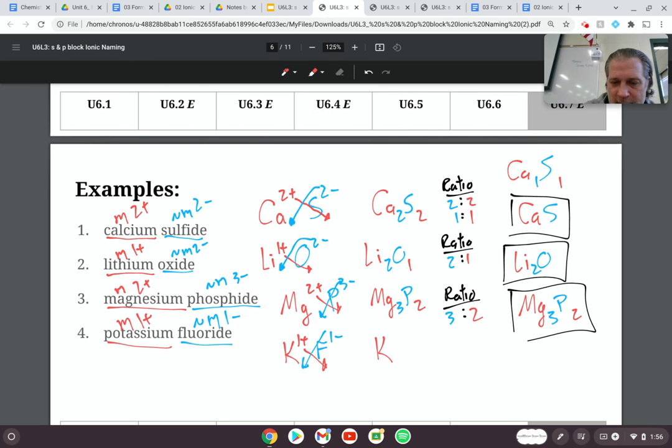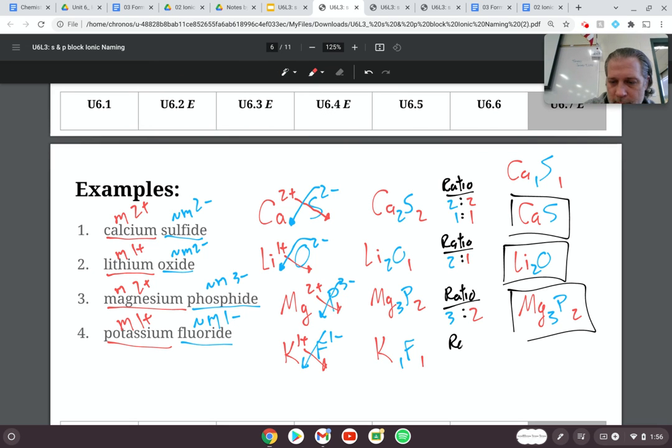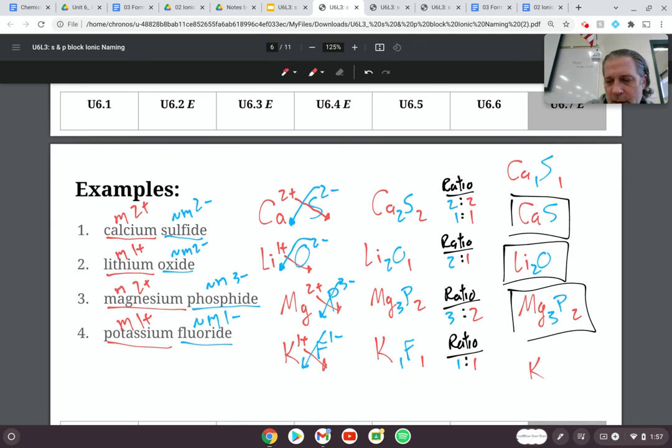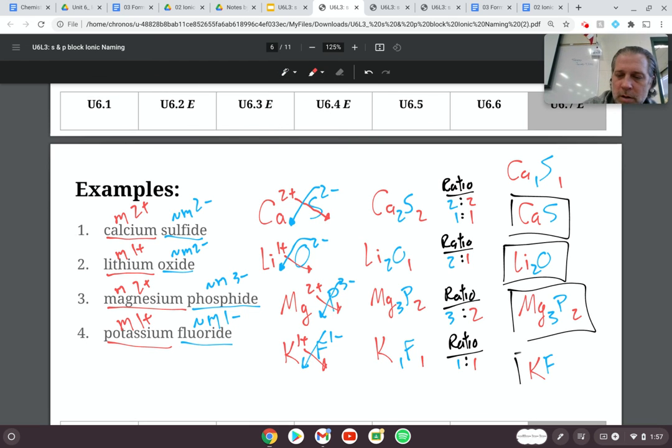So here I have potassium 1, F1. I'm going to check my ratio. And it's 1-to-1. I can't really simplify that anymore, so I'm going to rewrite this by dropping the ones because we don't use those in chemistry if we can avoid it. So your final answer just becomes KF, like that.